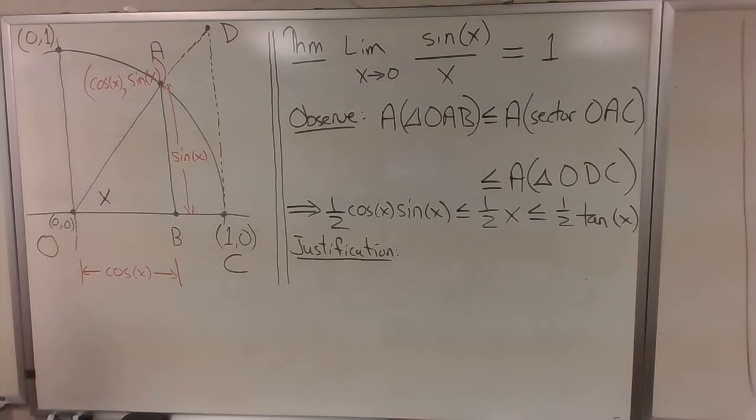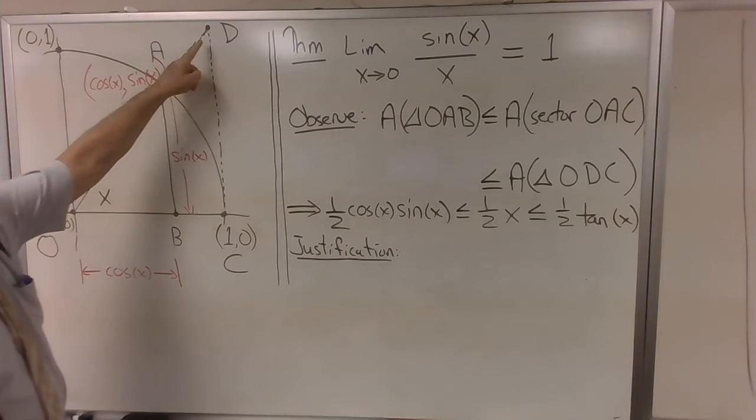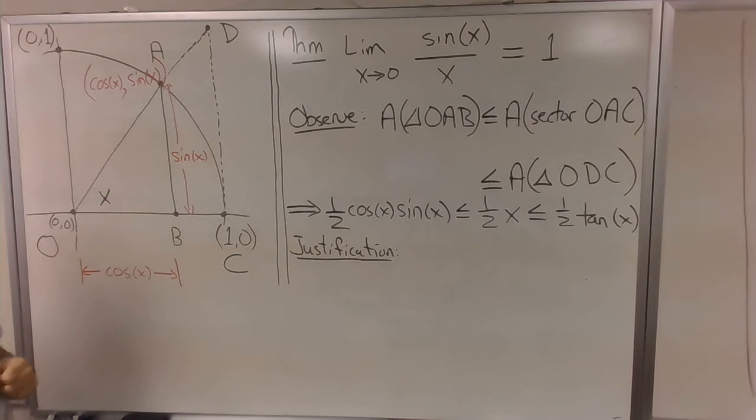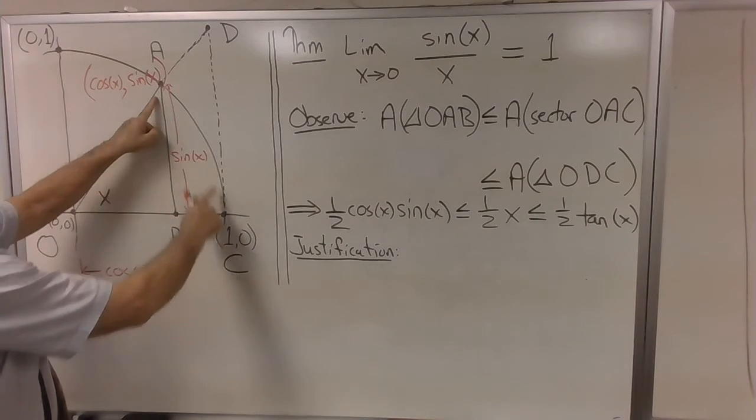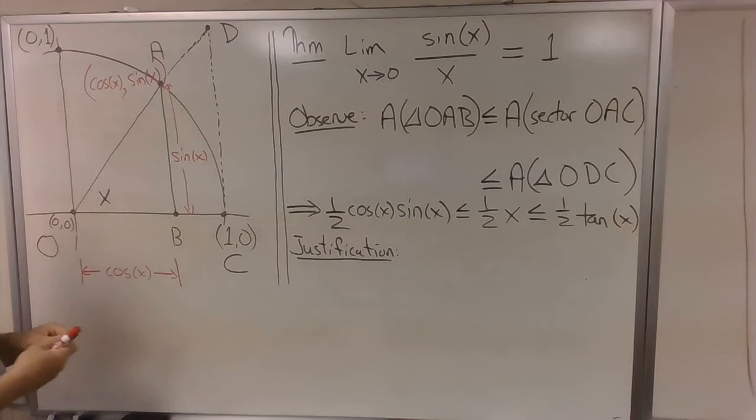And my justification is this. Triangle OAB and triangle ODC are similar. And let's see, why would that be the case? Well, both of them have common angle x, and both of them have a right angle. So the remaining angles have to be of the same measure.